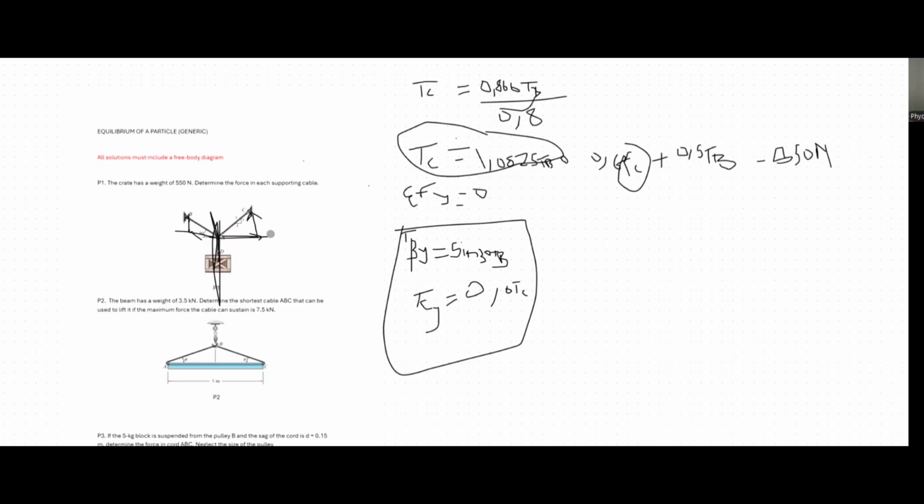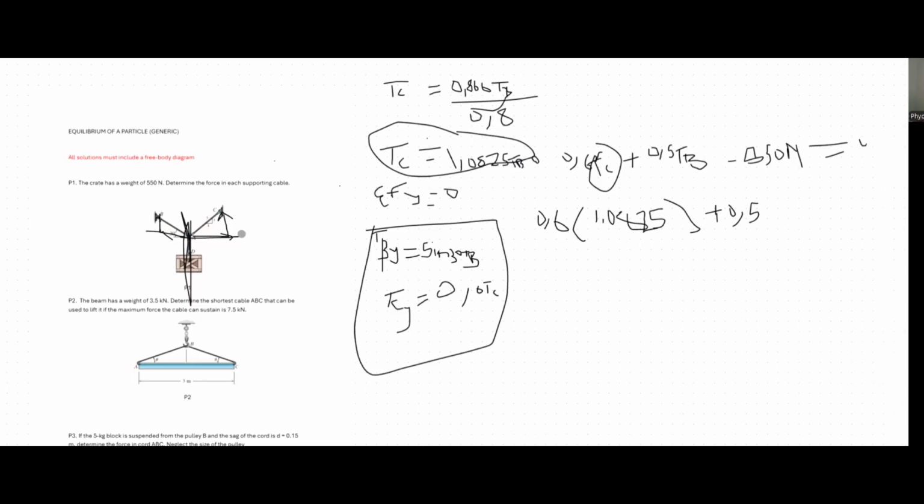So I'm going to say 0.6 open bracket 1.0825 TB plus 0.5 TB equals 550.